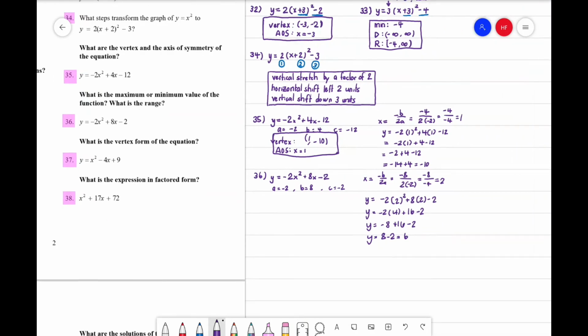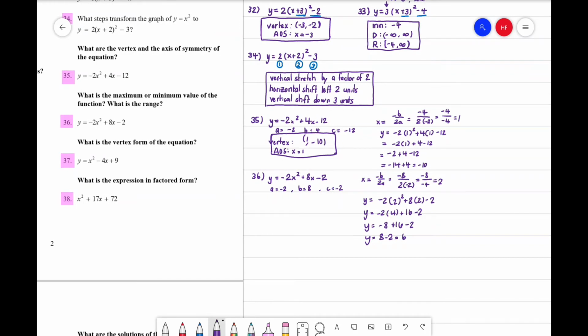So our minimum or maximum value is a 6, but our a value here is negative. So this is a parabola that is facing down, which means we have a maximum value. And that maximum value is 6. And then what is the range? The range depends on that maximum or minimum value. So since it is a max, it's going to be on the end here, and then toward negative infinity.